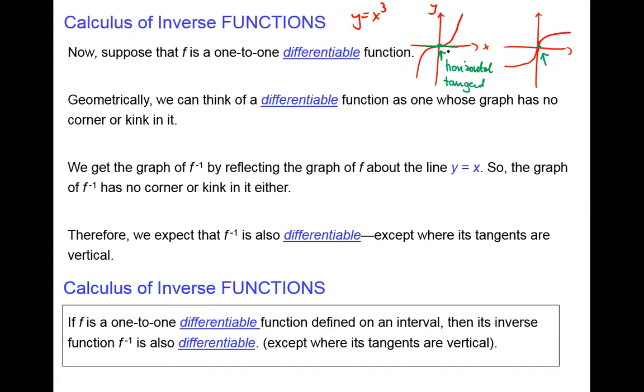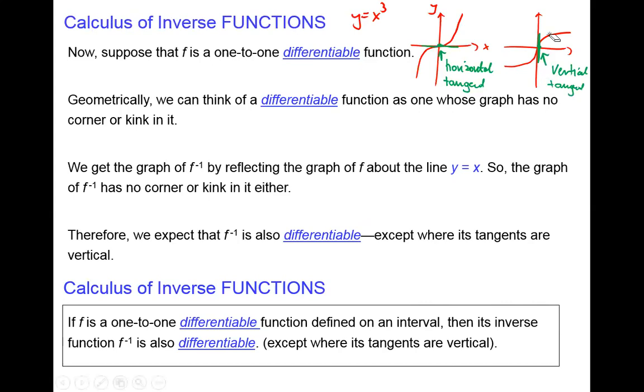If that was a horizontal tangent, this tangent is of course a vertical tangent. Apart from that point, the function is nice and smooth, definitely differentiable, but the horizontal tangent switches to a vertical tangent. Can you tell me what the slope of a vertical line is?